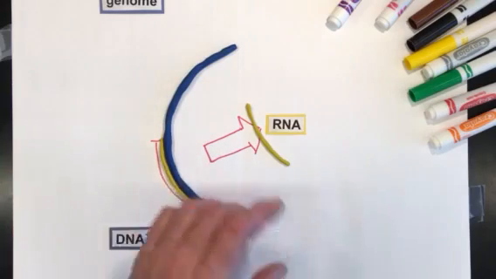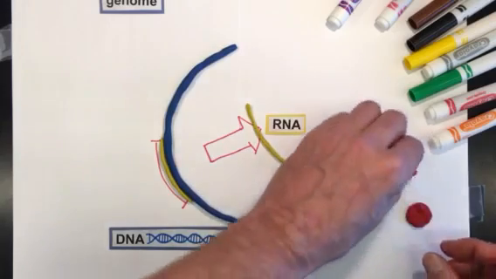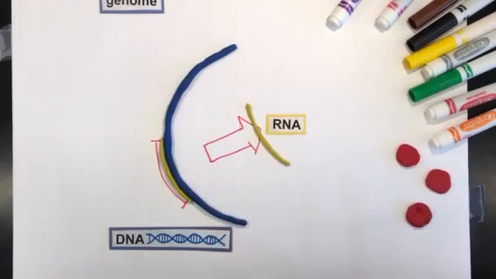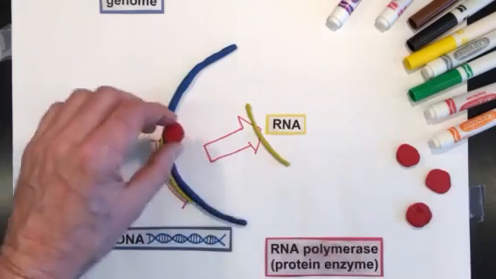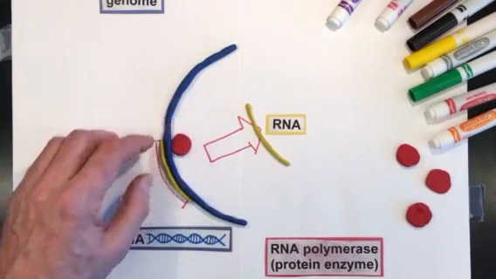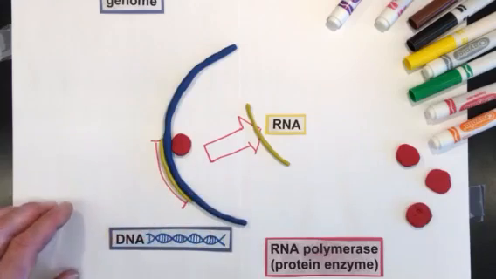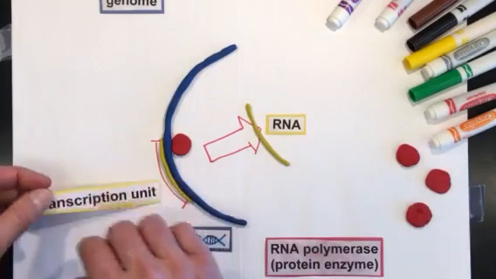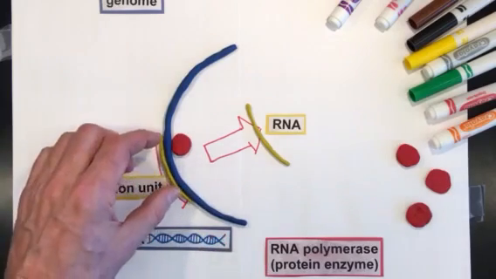The first is that the output is done by an enzyme that's found in every cell. The enzyme is called RNA polymerase. The function of RNA polymerase is to bind to this region and copy it into RNA. That process is called transcription, and so this part of the DNA is referred to as the transcription unit.